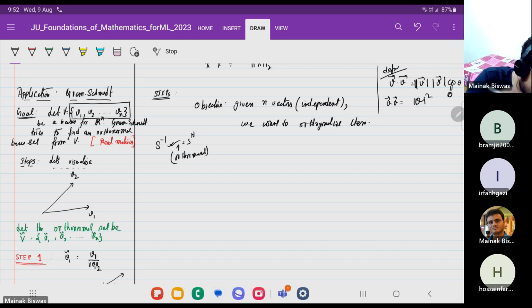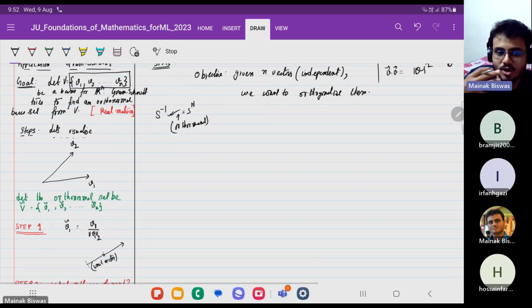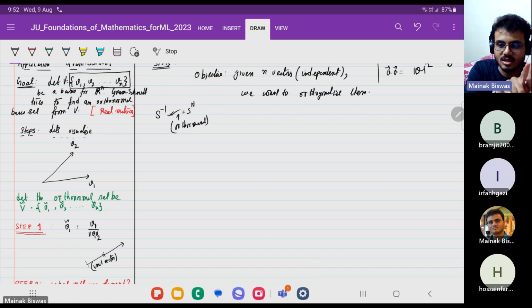Right. So here we'll be doing something where you have, say, two vectors like this. I will convert these vectors. I'll rotate them in such a way that they become orthogonal.